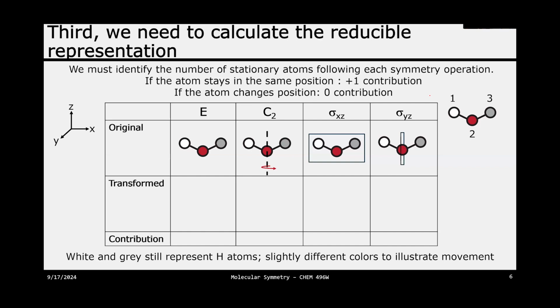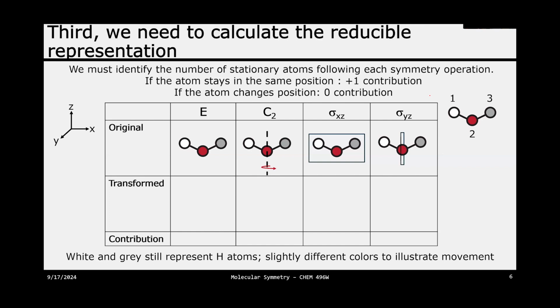It's not a carbon because it's gray, it's a hydrogen. I just wanted to illustrate the movement. Going from left to right, our first hydrogen is 1, our oxygen is 2, and our second hydrogen is 3. It's going to match up with the contributions on the bottom when we're adding things.